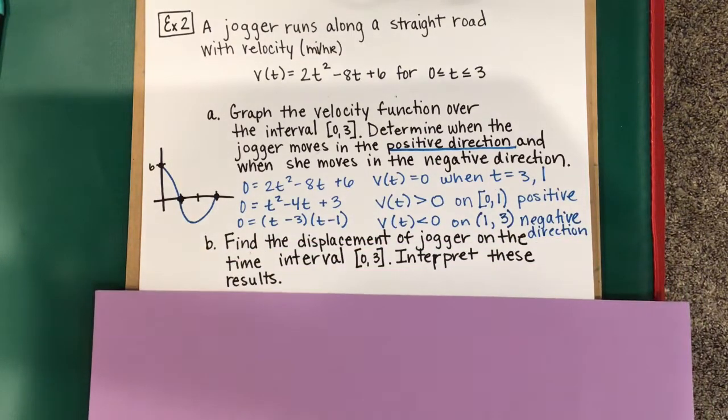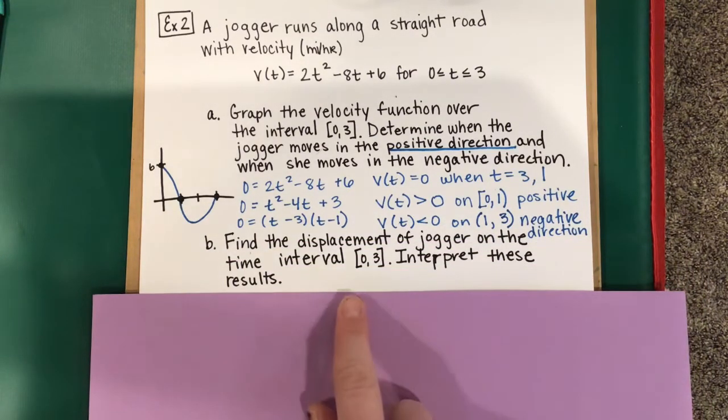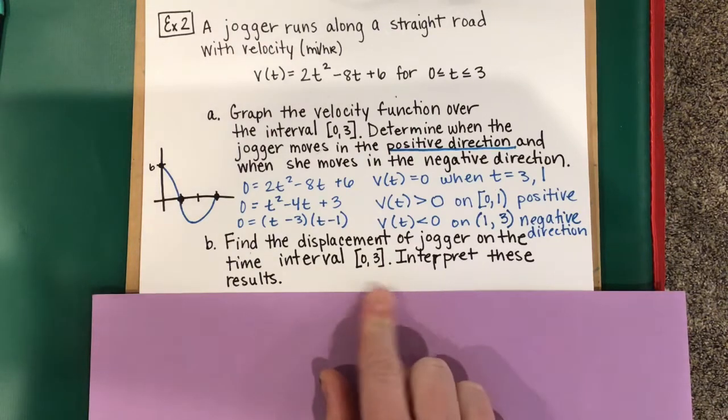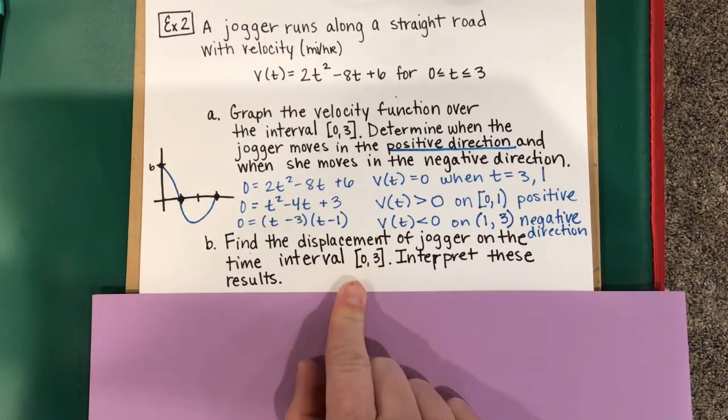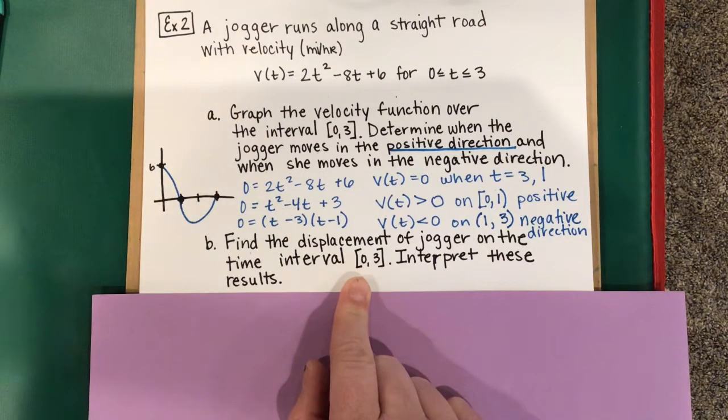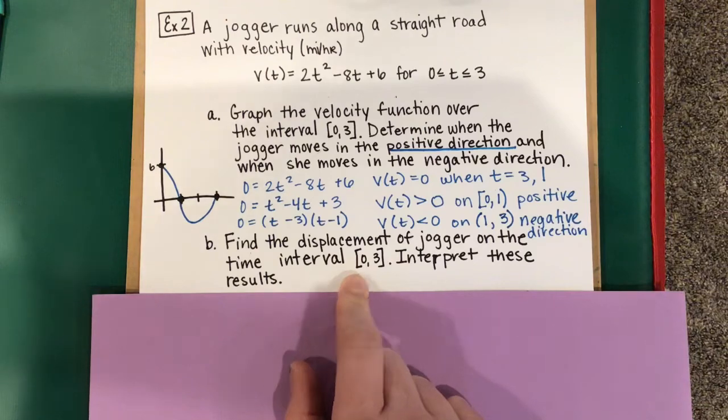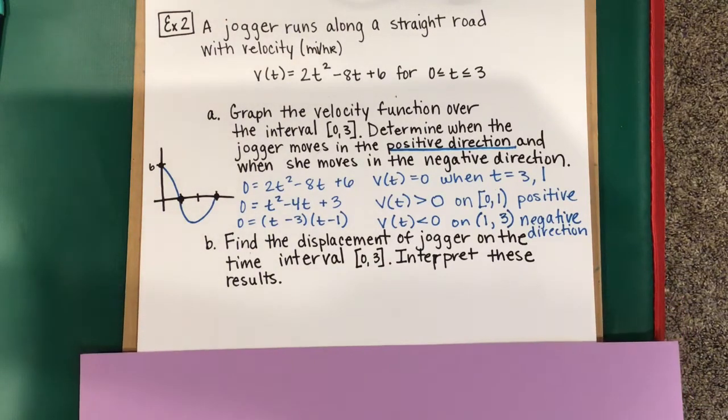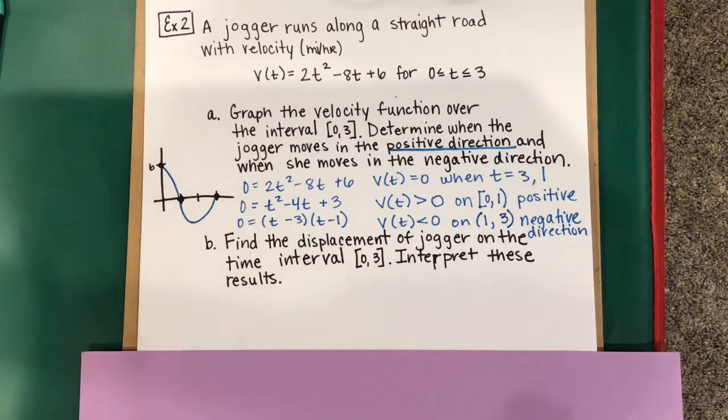Now, when we then take a look at when it's asking us to find the displacement of the jogger on the time interval 0 to 3, there's a few things that we can look at here. When we're looking for displacement, we're looking for all those tiny little rectangles that have been added up when we're looking at our velocity regarding the time.